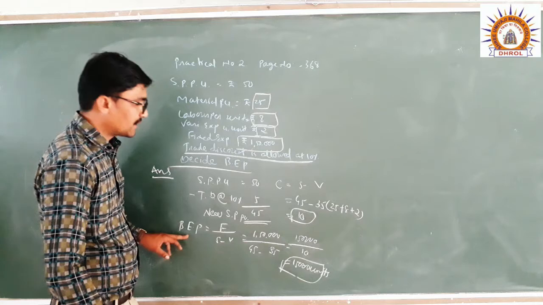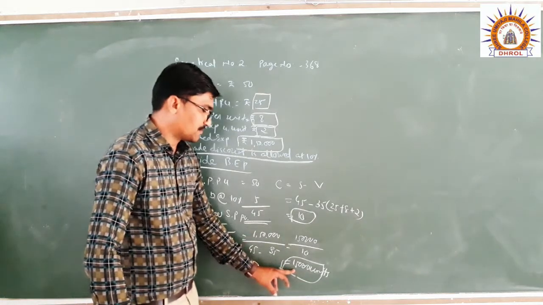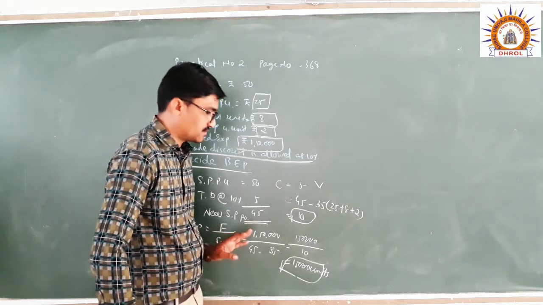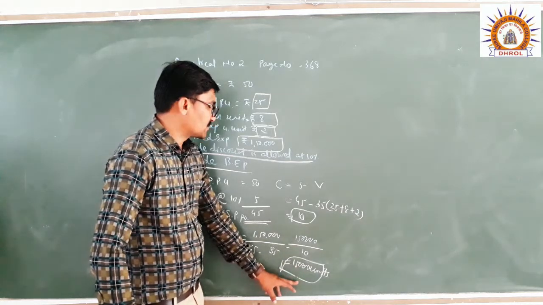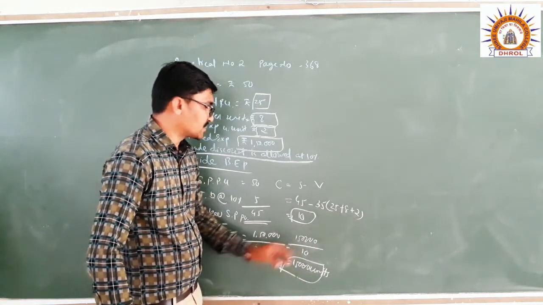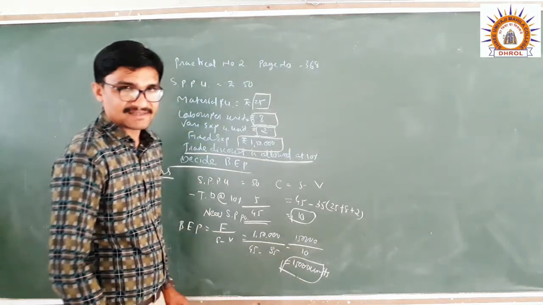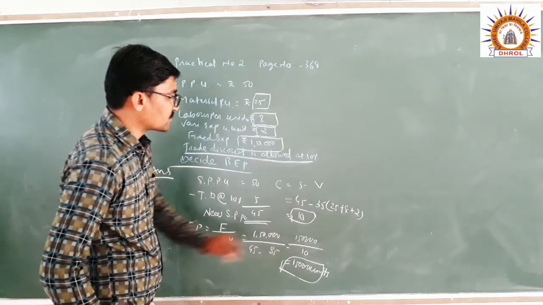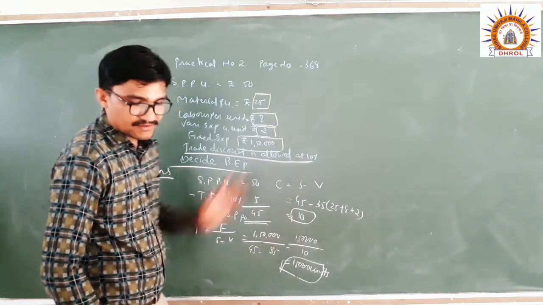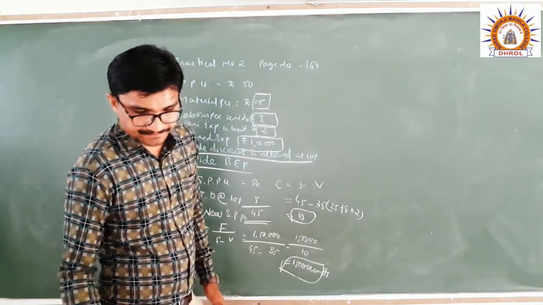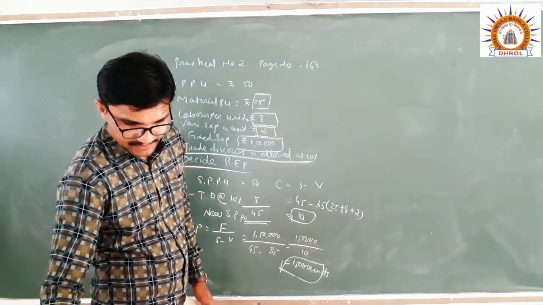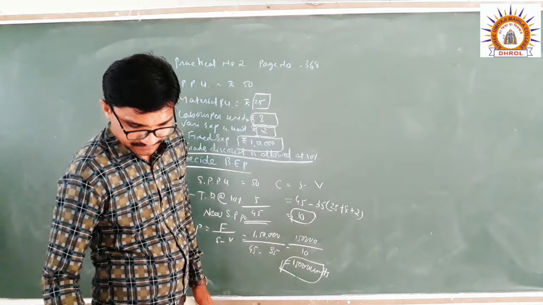Here, if you are not required to calculate the break-even point as sales, meaning sales at break-even point, you calculate only in terms of units. So this is your second practical example.